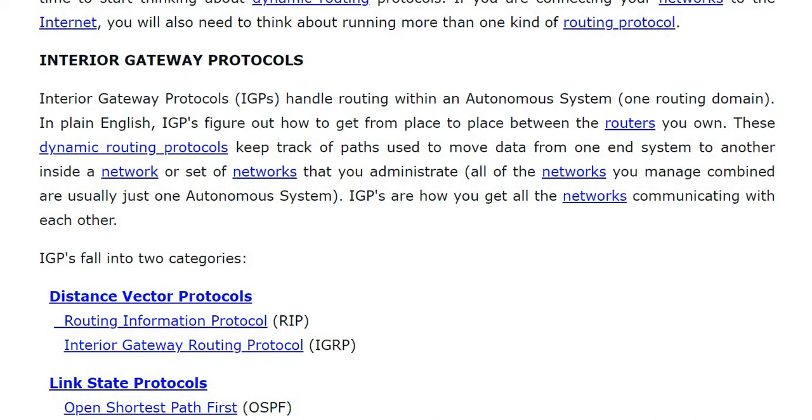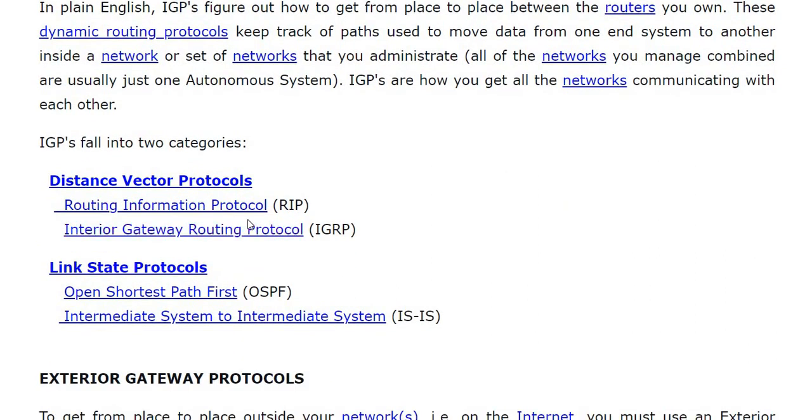IGPs fall into two categories: one is the distance vector protocol, and another is the link state protocol. In the distance vector protocol, we already learned the routing information protocol RIP version 1 and version 2, and interior gateway routing protocol.